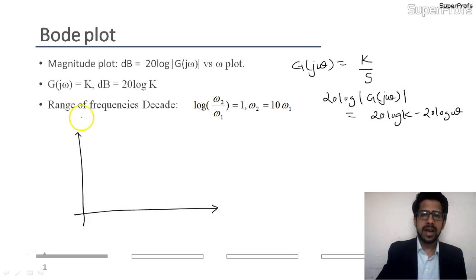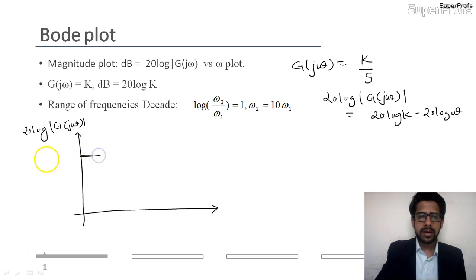So this is my 20 log G of j omega, and this is my 20 log K, and I do have the pole on origin.